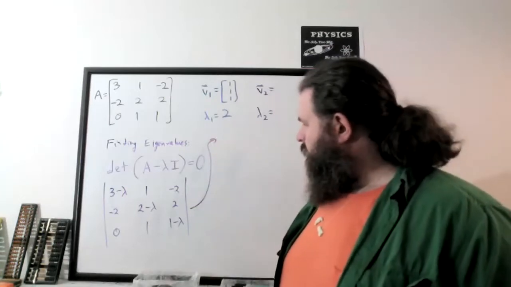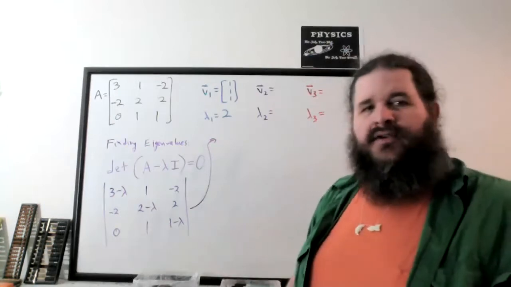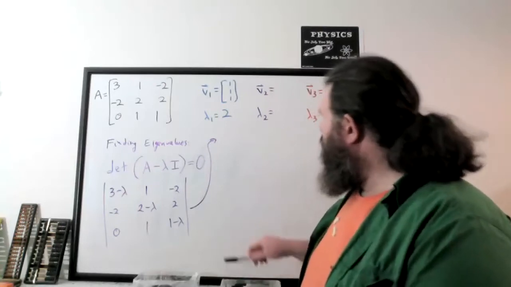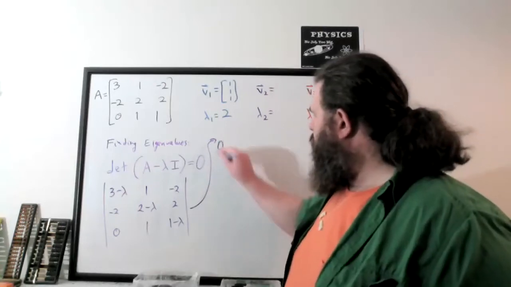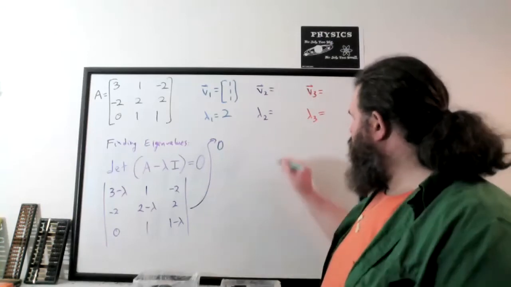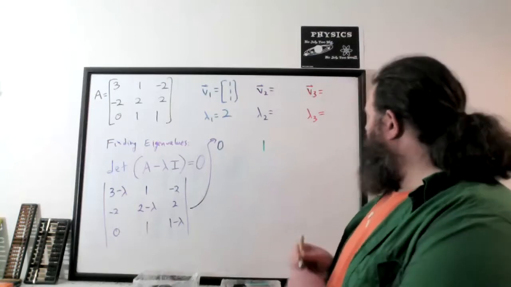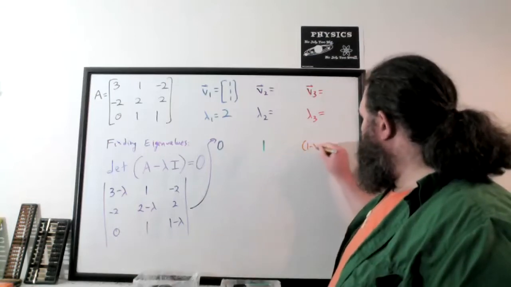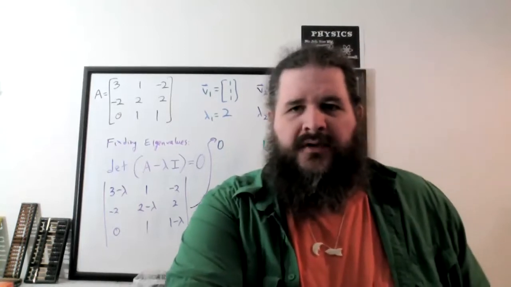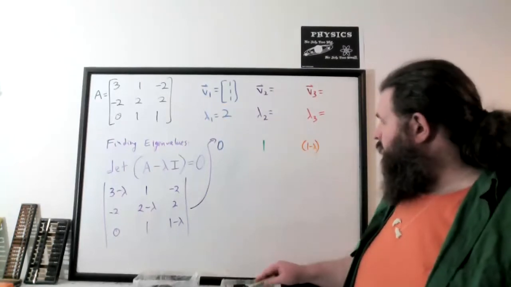We've got 0, 1, 1 minus lambda. So if we write out these cofactors, we've got 0, 0, 1, and 1 minus lambda. And we're going to be multiplying each one of those by a subdeterminant, a smaller 2 by 2 determinant.